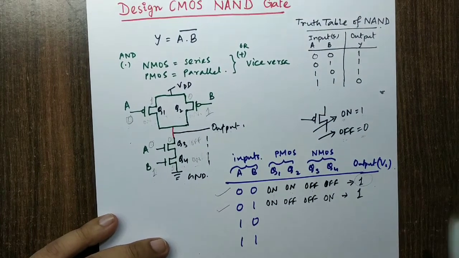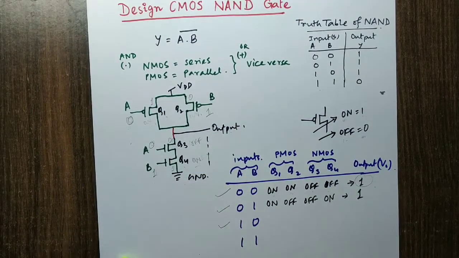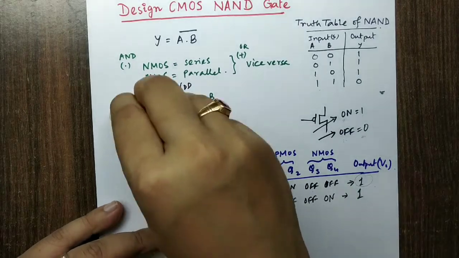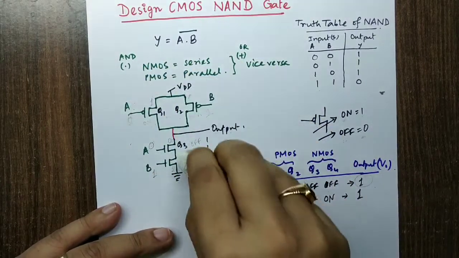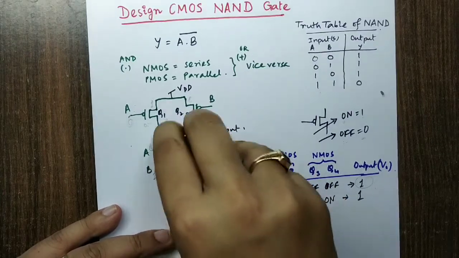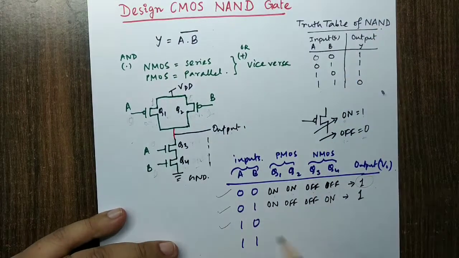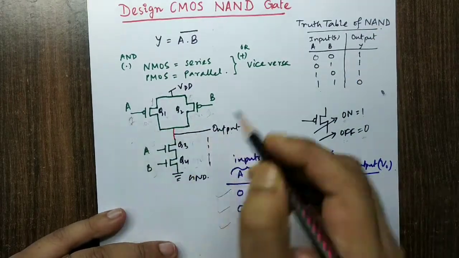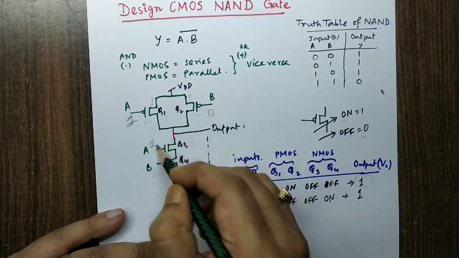Similarly, you can check for case 1 0. Same thing will happen. If it is case 1 0, then what will happen? Please check it. You can do it at home also. It is very interesting and very easy one. So if you place 1 0, that means here A is 1 and B is 0. Here A is 1, B is 0.